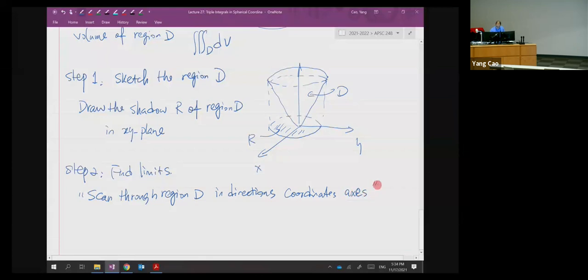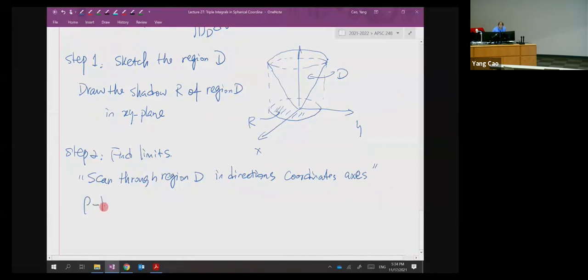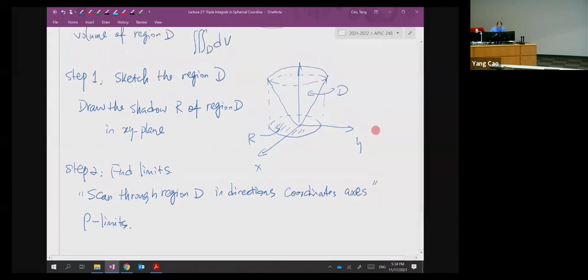There are three coordinates, rho, phi, theta, so you're scanning in these three directions, step by step. The first step is to find the rho limits, scanning in the direction of rho. Let's take a look together at how we can scan in the direction of rho.